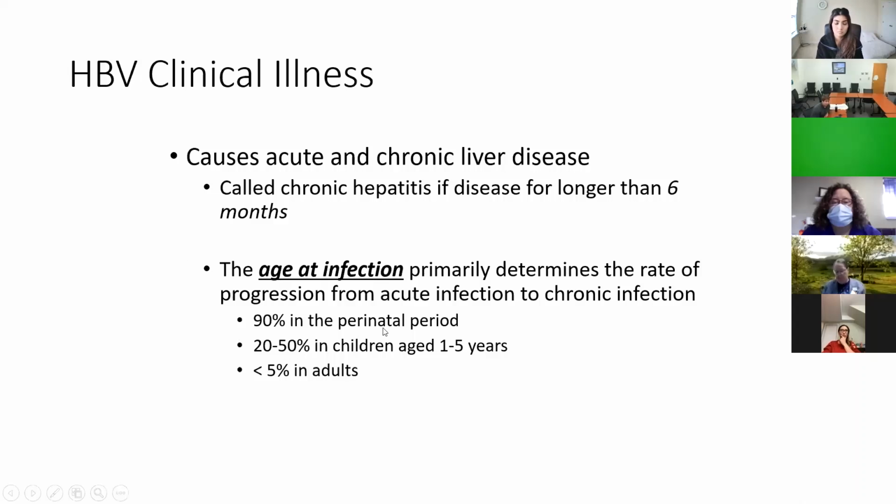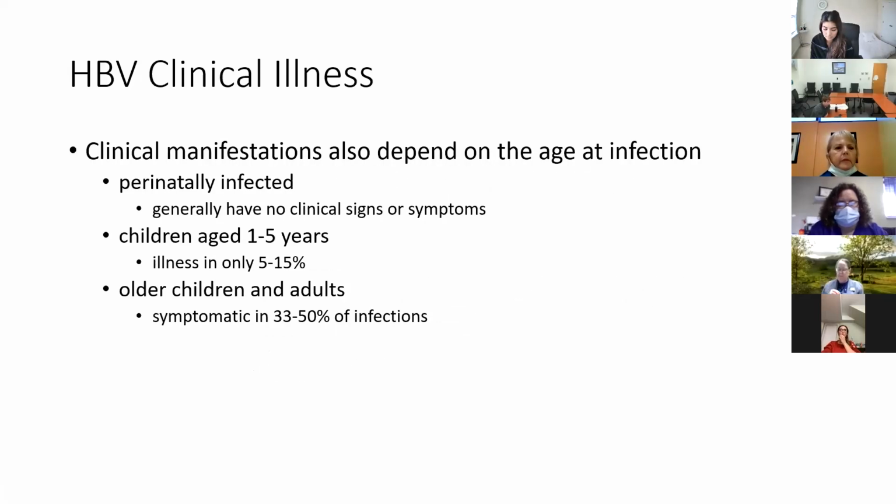The problem is in the perinatal period. In mother to child transmission, the rate of development of chronic hep B is very, very high. Almost 90% of people who get exposed will go on to keep hepatitis B with time. The clinical manifestations, if you remember, are the exact opposite of that.